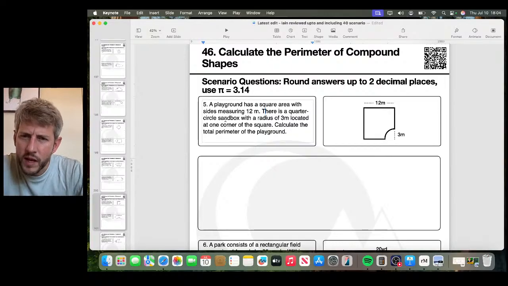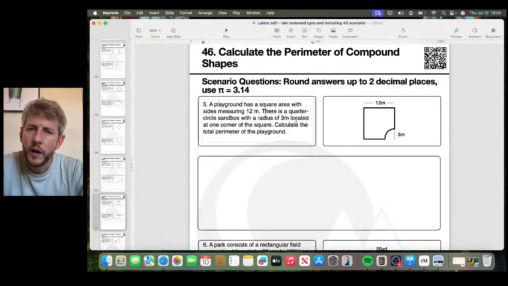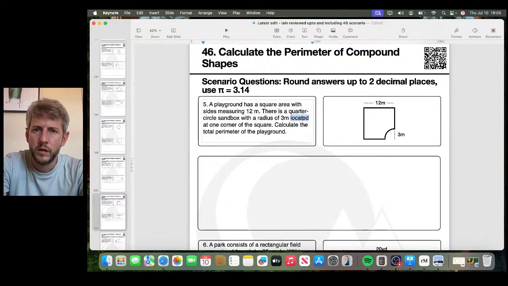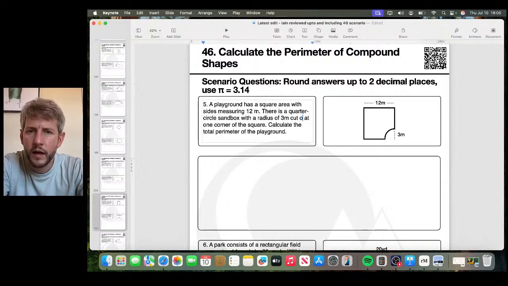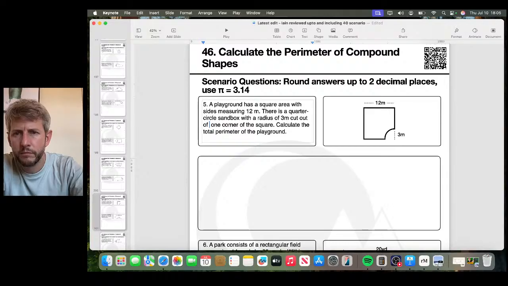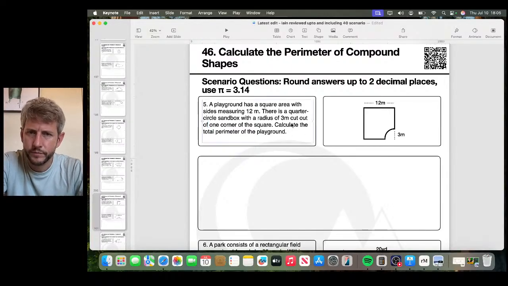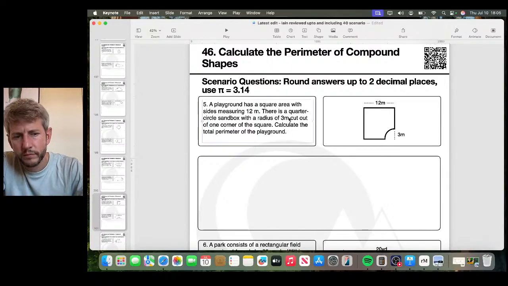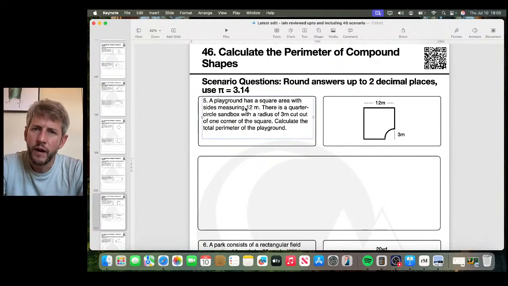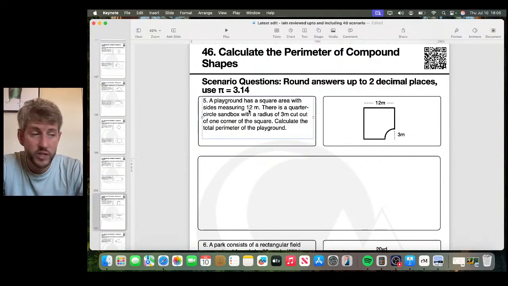A playground has a square area with sides measuring 12 metres.